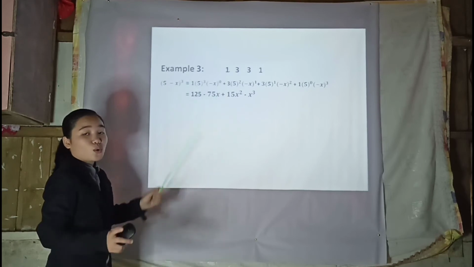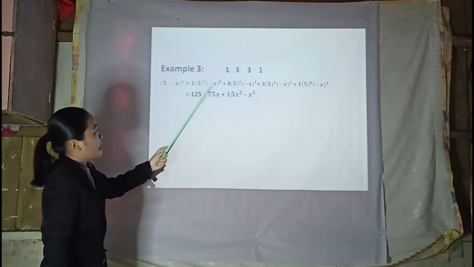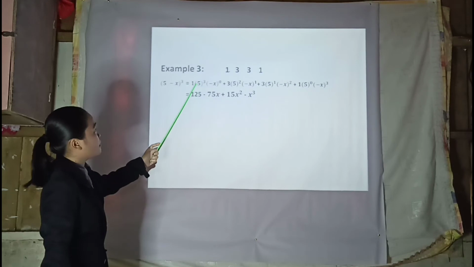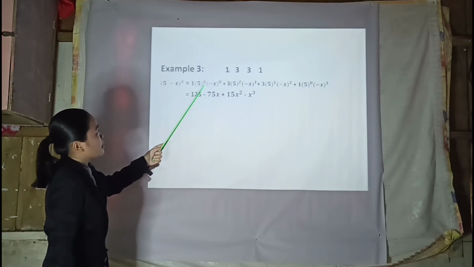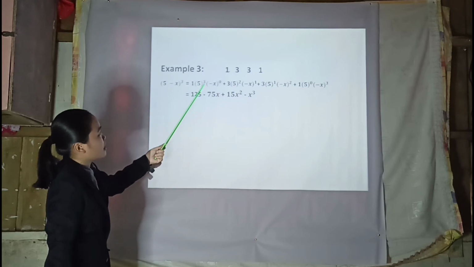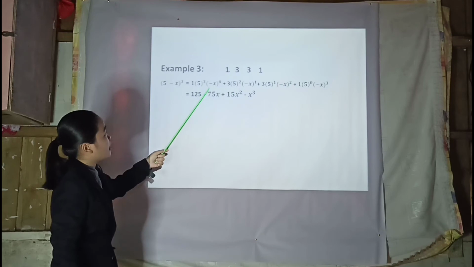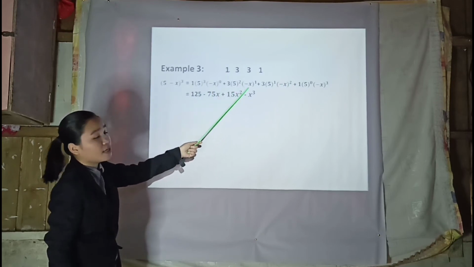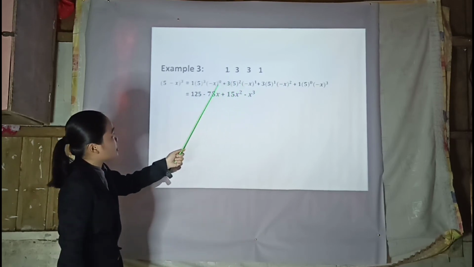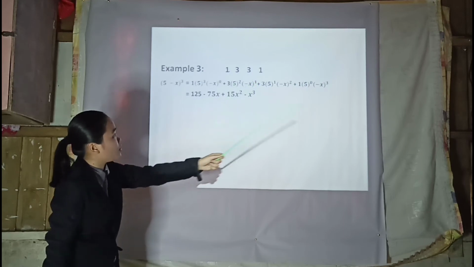As you notice, we apply again the pattern in the expansion of the binomial theorem. The exponent of a, from 3, decreases in the next term, while the exponent of b increases in the next term. So from 0, it becomes 1, and so on.